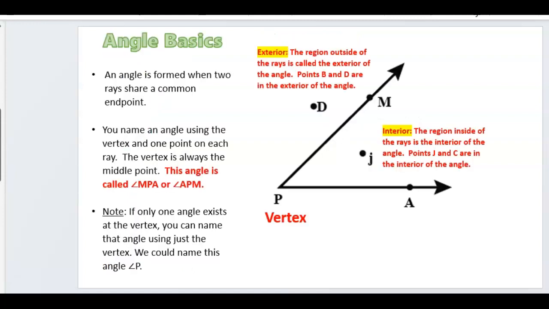Next up are the inside and outside of the angle terms. And so when you have a point on the outside of those two rays, we call that an exterior region on the outside of the rays or the angle. And if there's a point in between those two rays, we say that's on the interior of the angle or inside the angle. Let's do one quick practice for that one.